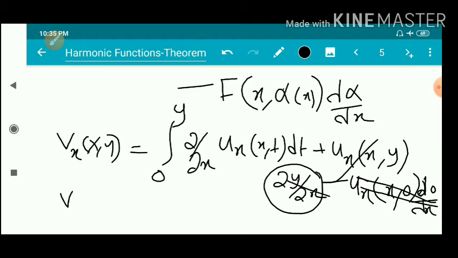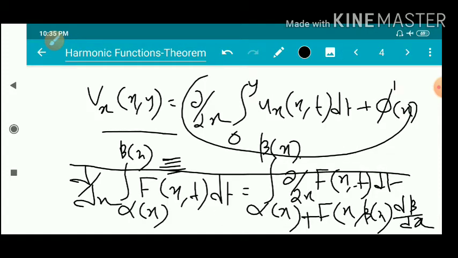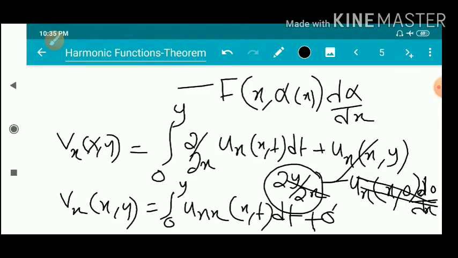So we get vx of xy equal to integral 0 to y dou by dou x of ux, that means uxx of xt dt, and also there is a term phi dash of x. So we get vx of xy equal to integral 0 to y uxx of xt dt plus phi dash of x.